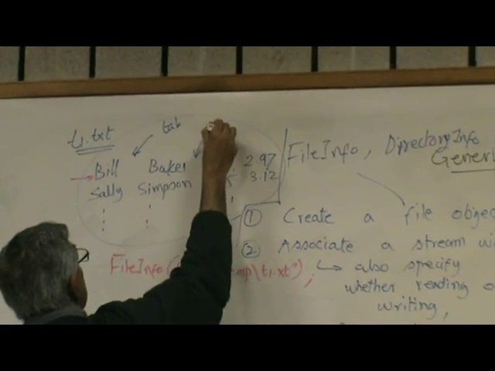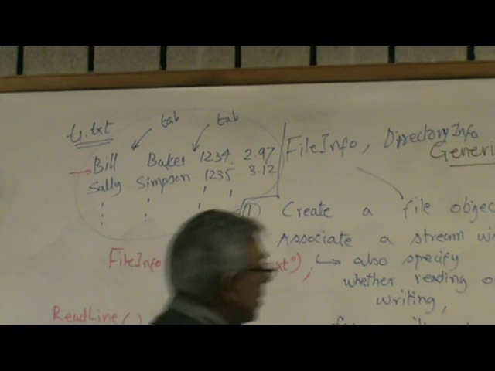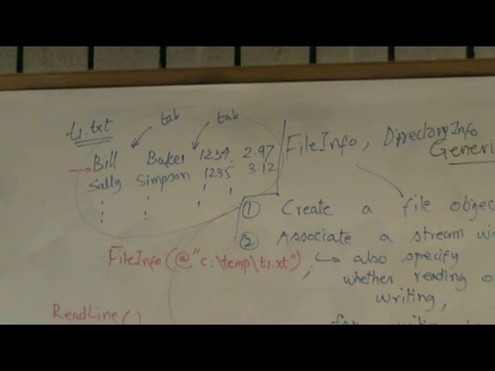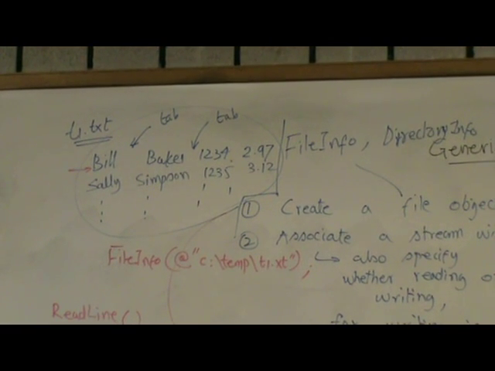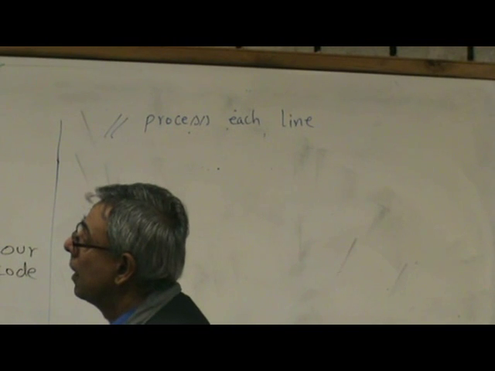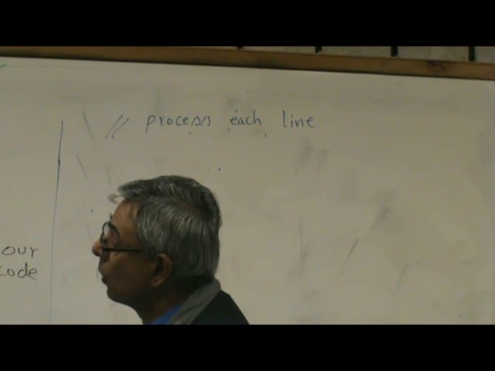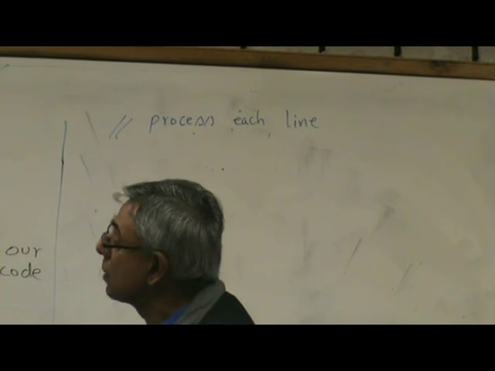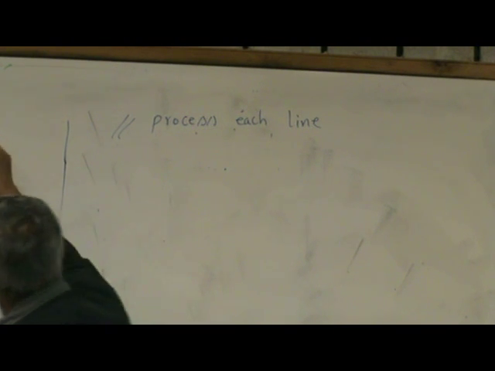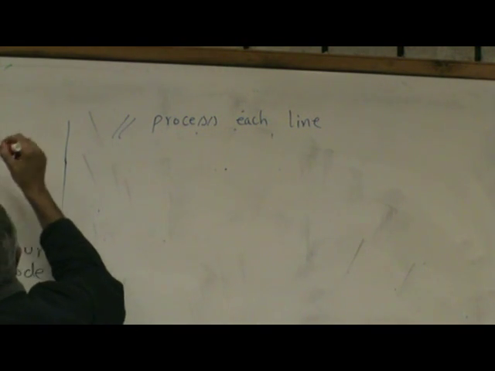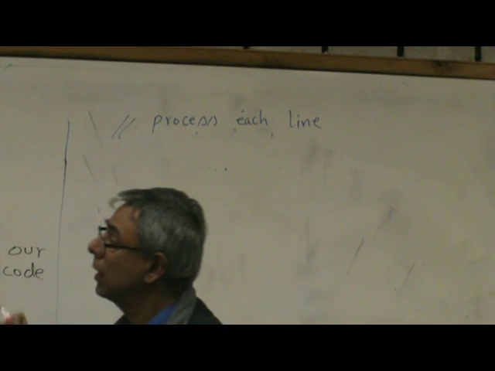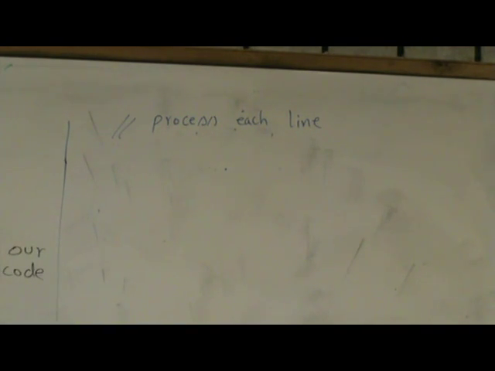So this is a tab delimited file. Once we have read each line, here's the code to process each line. There's a split function available, and again very similar to Java, which can split any string into as many parts as we feel like.